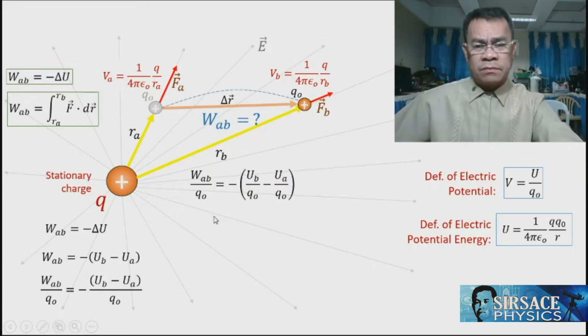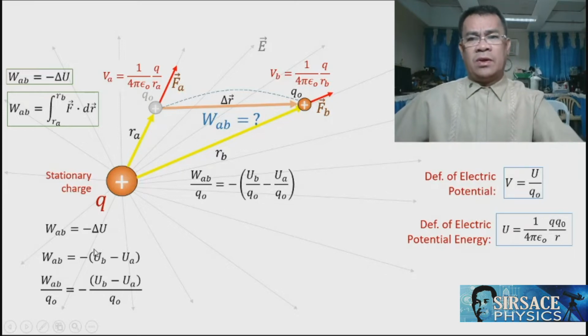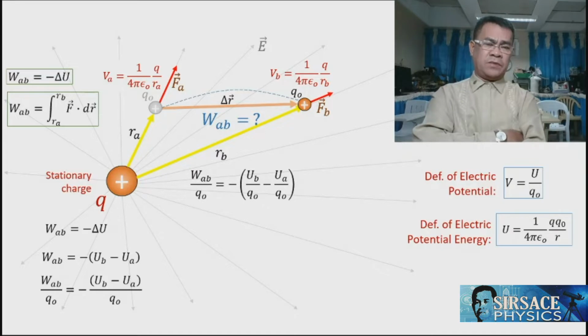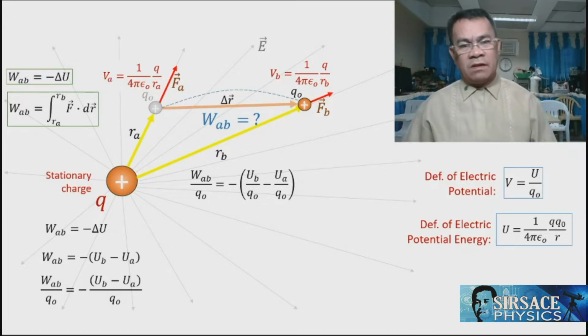Now, why is it that we divide by the moving charge? The reason is we want to replace U in terms of V, because take note, our objective is to provide the potential difference. To provide a potential difference, the potential should be present in the mathematical equation.